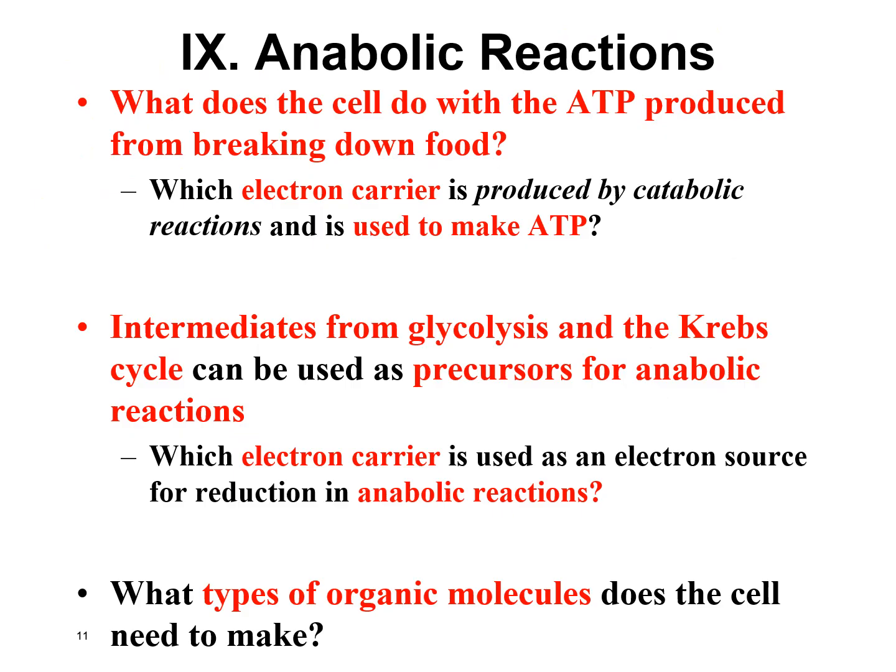Okay, and this last part is just kind of a summary. So to answer this first question, what does the cell do with the ATP produced from breaking down food? When food is broken down, all of those chemical bonds that are broken release energy, and that energy will be temporarily stored as ATP.